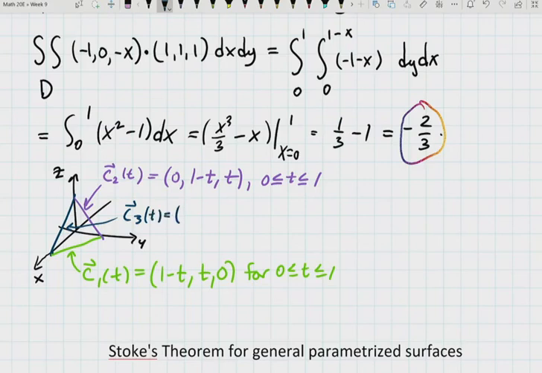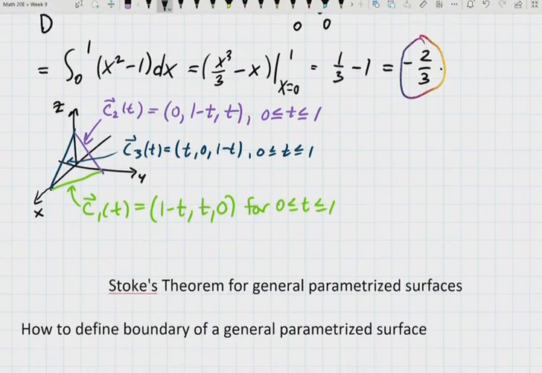So C3 can be parameterized as x is t, y is 0, z is 1 minus t. As you learned from back when we did paths, there's more than one way that you can parameterize a path. I thought this was maybe the easiest way to do these three sides.